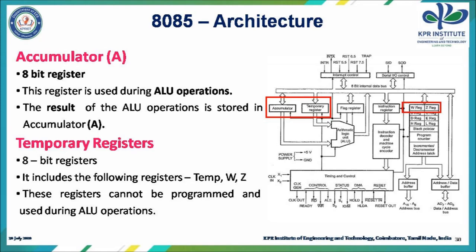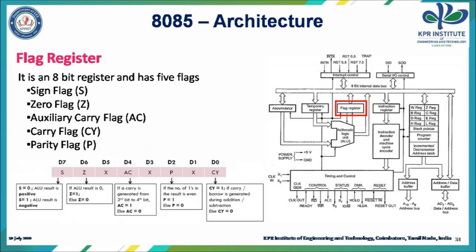These registers cannot be programmed by the programmer and they are used only during ALU operations. Next comes the flag register. The flag register is also an 8-bit register and it has 5 flags: sign flag, zero flag, auxiliary carry flag, parity flag and carry flag. The diagram shows the details of the flags.